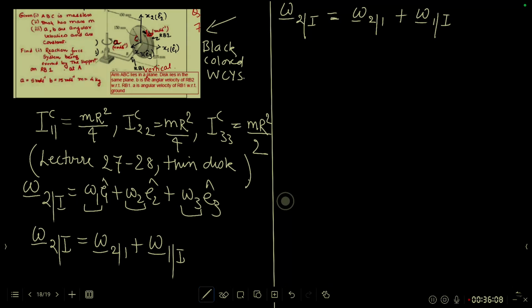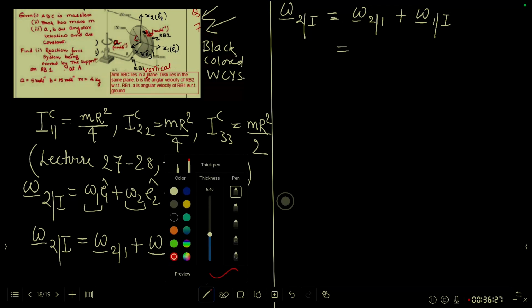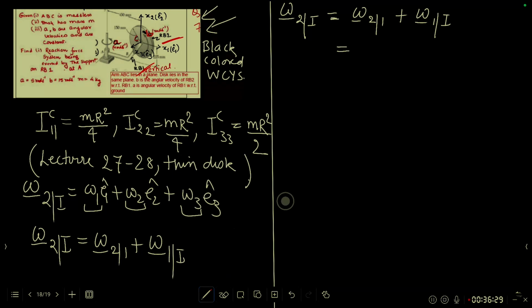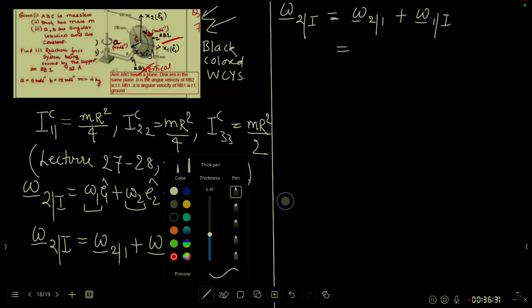Omega 21 at this instant is what? If you look at this figure, I have marked R, B2 and 1. What is omega 21? It is going to be, at this instant, B times E3. And what is omega 1i at this instant?